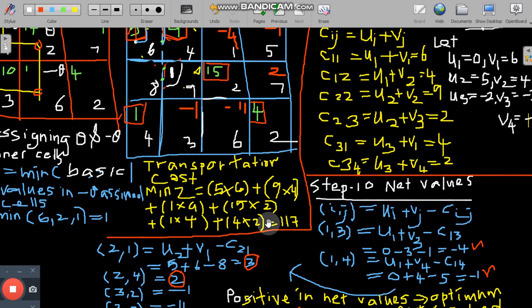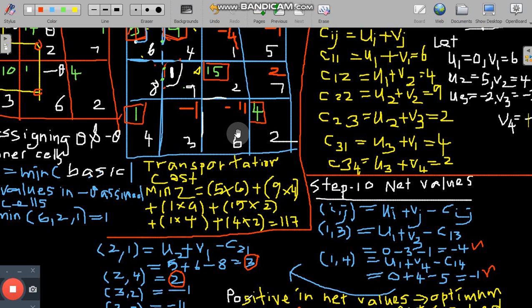So we see a difference. It's coming down, from 128 to 117. Some savings for us. Is this the final value? Is this the optimum value? Is this the minimum among minimums? With that question we stopped. Now we have to go for that.